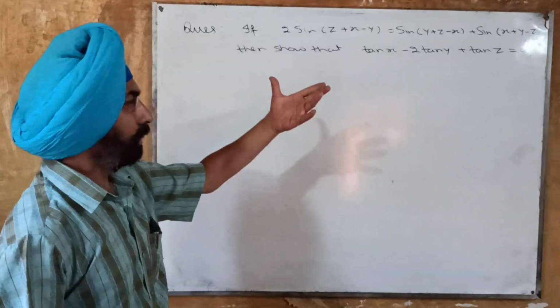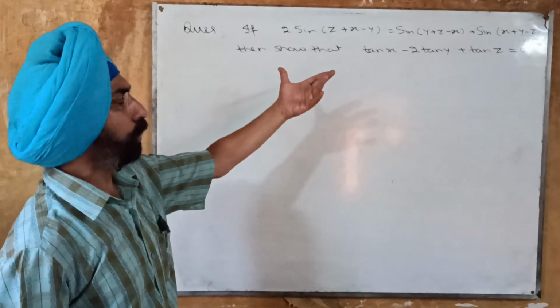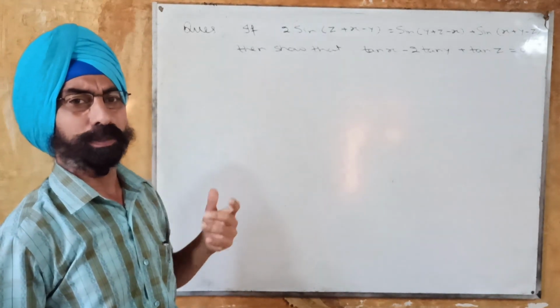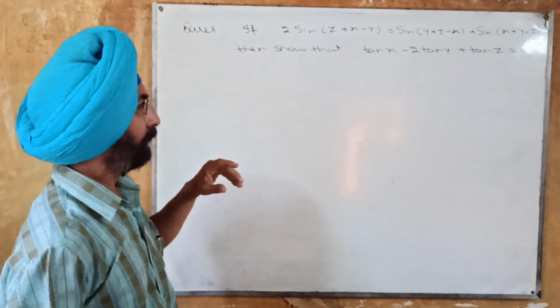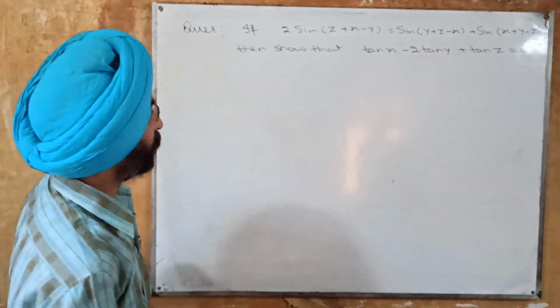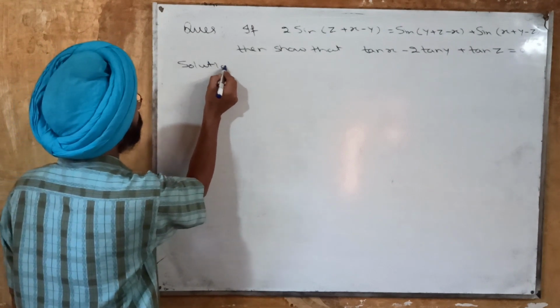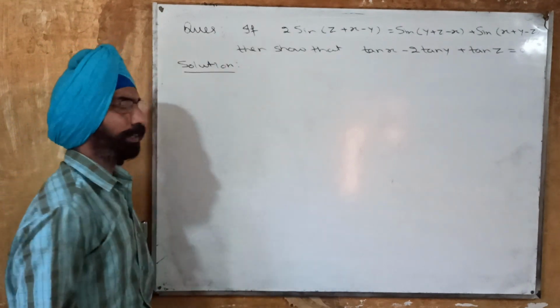So as you look into the question, it looked like more tricky as compared to the previous questions we have solved. This is a little bit more tricky question, and yes, it is. Now how to solve it? The problem is how to solve it.